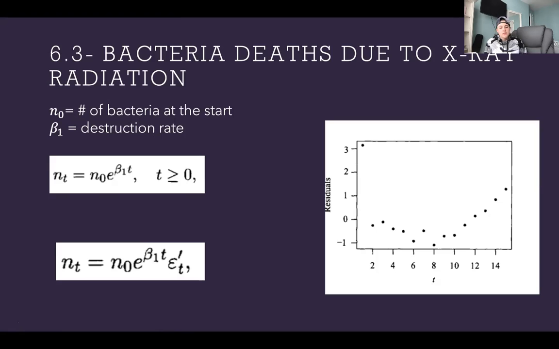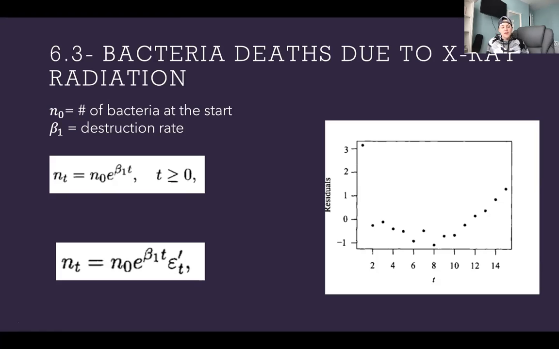So we can transform the model to get this equation right here. We have our transformation, which is n sub t equal to n sub 0 times e to the beta sub 1 t times our epsilon prime t.